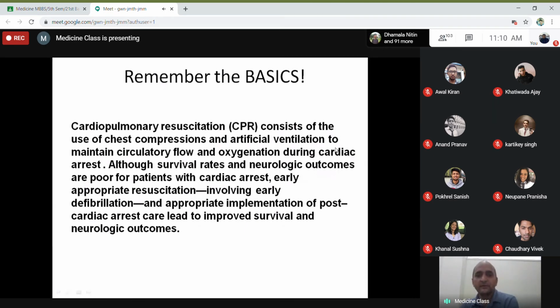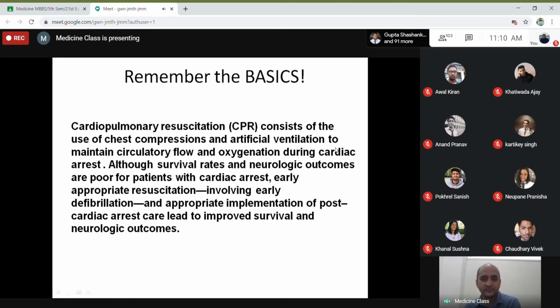Another is airway maintenance. First of all, you see the airway, maintain the airway, go for CPR and establish the patient. Although survival rates and neurological outcomes are very poor for patients with cardiac arrest, appropriate resuscitation involving defibrillation can help. Please remember, this is a vital point.